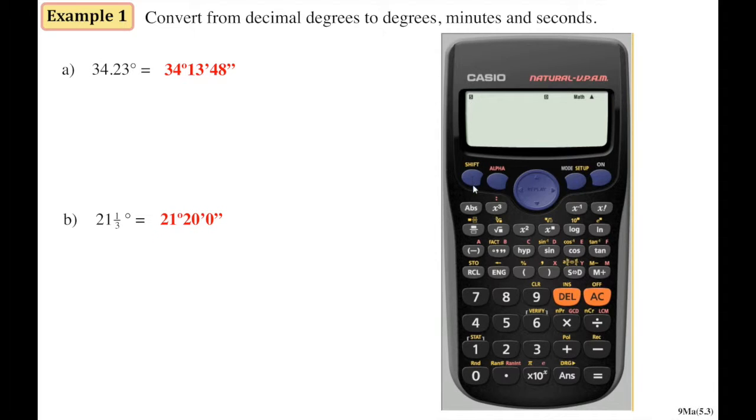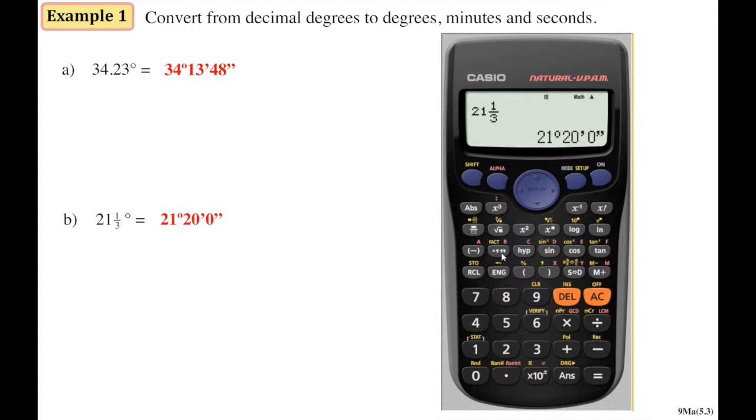Well, our second question, 21 1/3. Type in 21 1/3 on your calculator, let the calculator movie catch up, push equals, and now your degrees, minutes, seconds button.